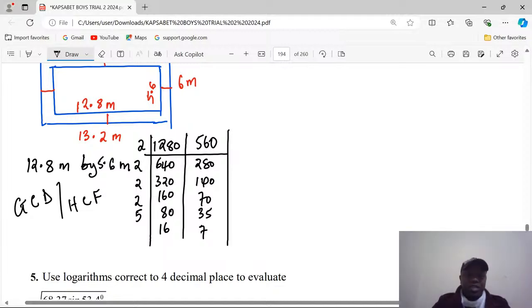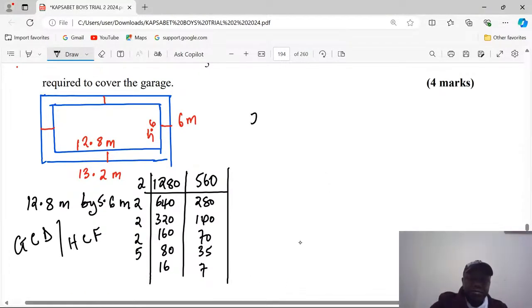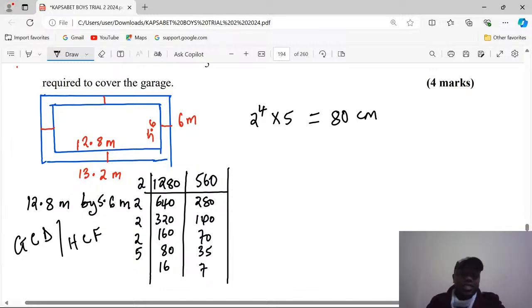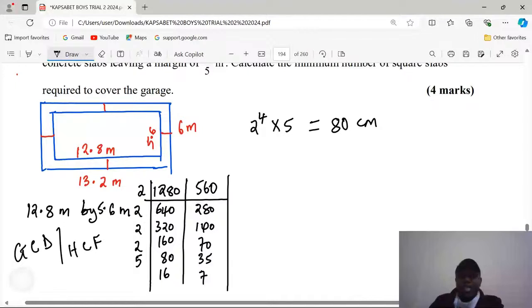That is the end of the prime factors. Therefore, I'll be using 2 to the power 4 by 5 as the dimension of the square slab. This is going to give me exactly 80 centimeters. Now, remember, we converted the units.